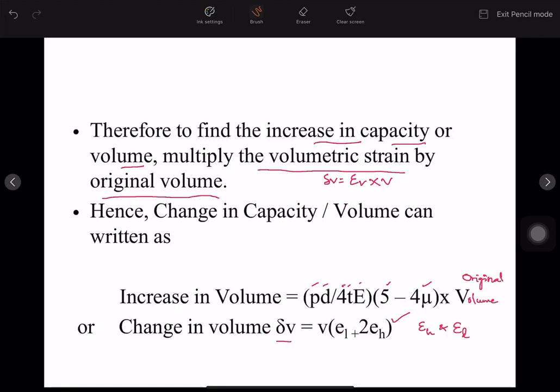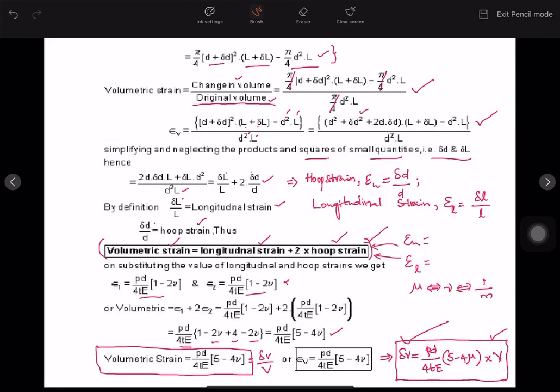So change in volume is equals to original volume into longitudinal strain plus 2 times hoop strain. So this is another important formula of this chapter, which you have to remember, and also the derivation is very important. So that's why I have explained this in a separate tutorial.